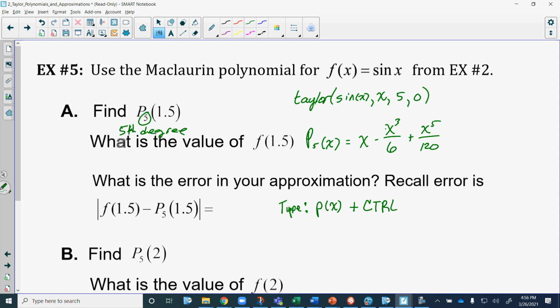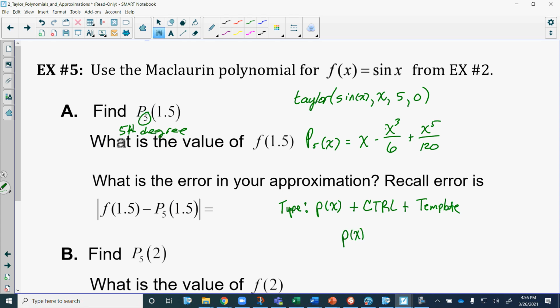After I hit the control button, I'm going to hit the template button, the one that kind of looks like the little book on your calculator. If I type that correctly, the calculator's display should look like this.